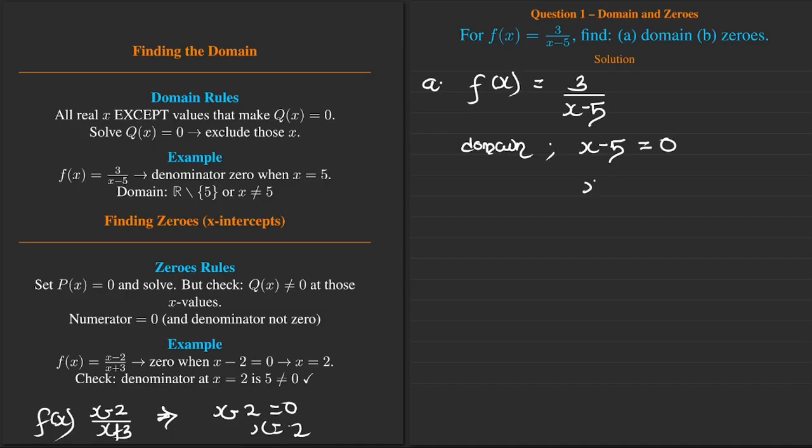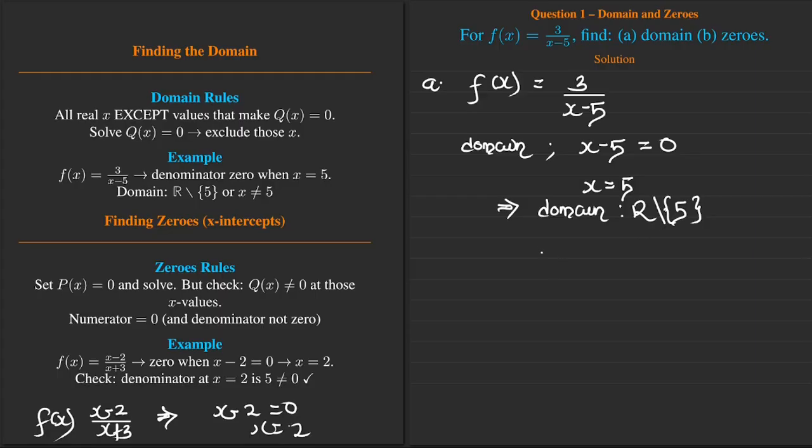Making x the subject, we have x equal to 5. So as we are saying, all values of R, it implies that the domain is what? All values of R excluding what? 5.